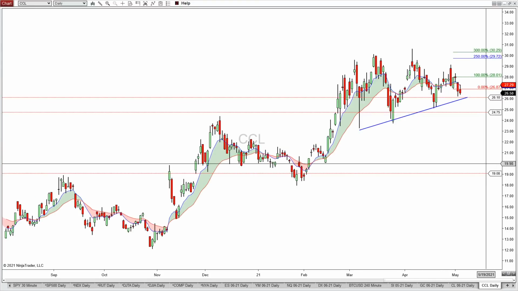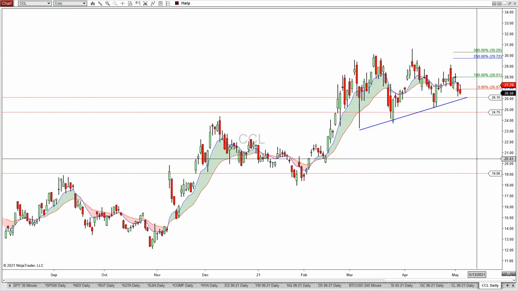The other one was Carnival Cruise Line. Again, we're basically looking for a trigger above this Friday's high at 28.01, and it actually opened at 28.02, so it gapped up by 1 penny. Then it just chopped around all day long, around this 28.01. So I did not take that trade. If I did, I would have gotten stopped out below this 26.87.